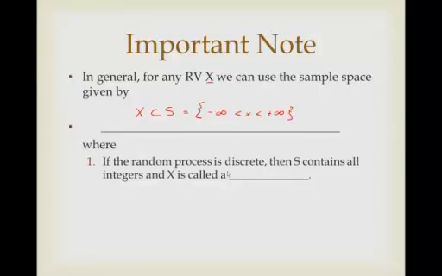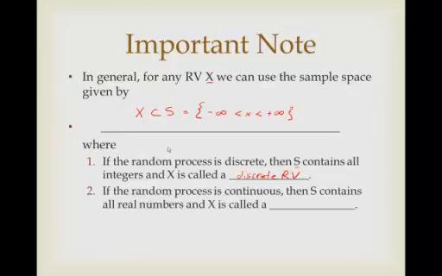And if that is a discrete random process, then the sample set S contains all integers and x would be called a discrete random variable. And if the random process is continuous, then S contains all real numbers and x is going to be called a continuous random variable.